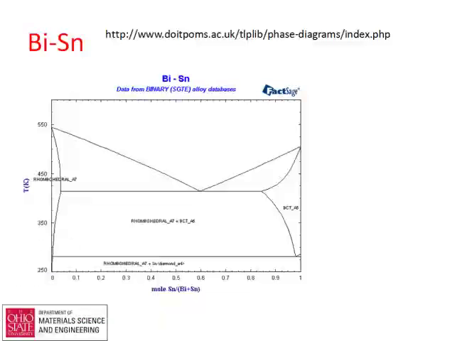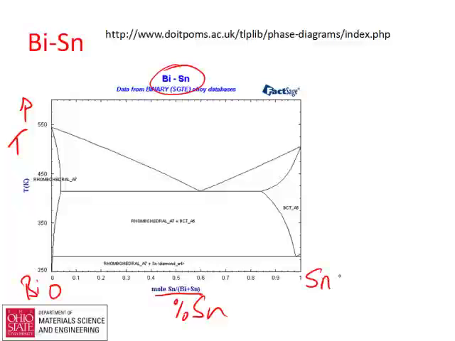So this is the bismuth tin system, and we've got temperature on this axis, and we have the percent of tin on this axis, going from 0 tin, meaning all bismuth on this side, to all tin over here, going from 0 to 100%. This is done on a mole fraction basis. You can also do this on a weight percent basis. Again, one of those classic chemistry conversions, you can go from mole percent to weight percent, and that all fits on the phase diagram.